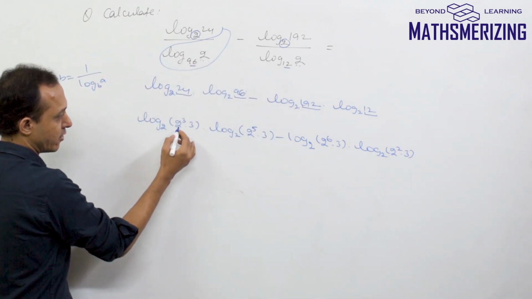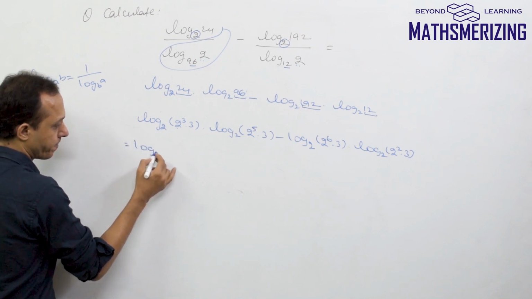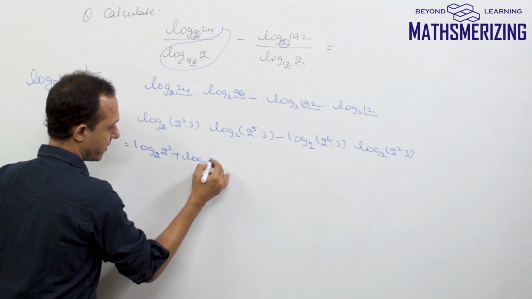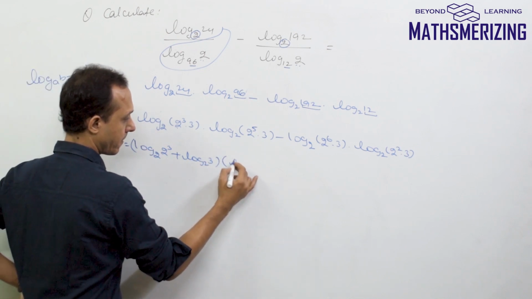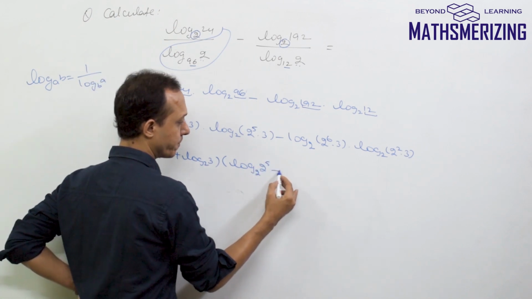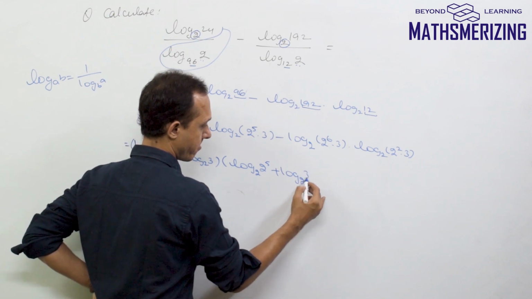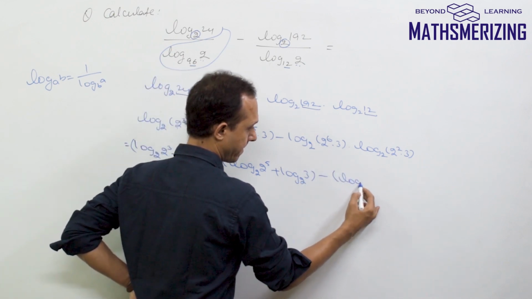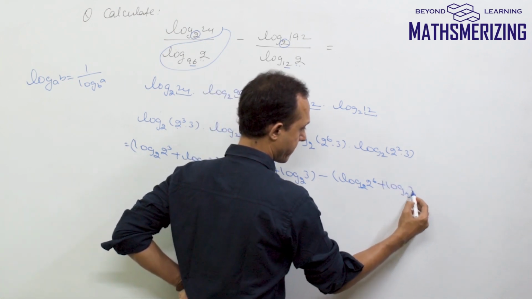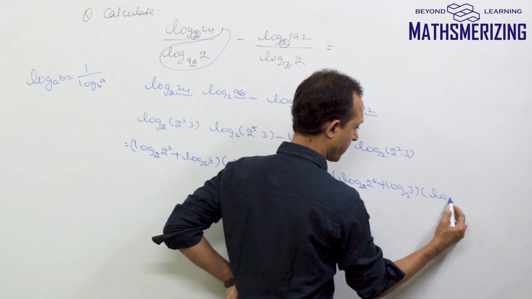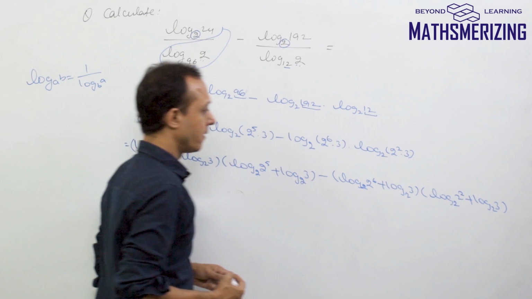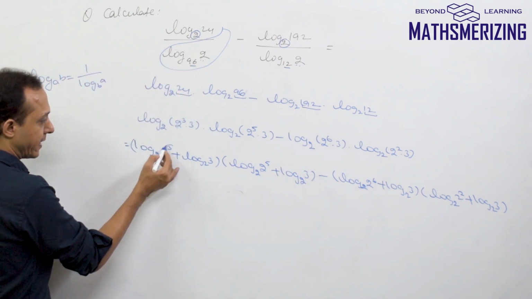Now each of these expressions is log m into n, so I can write it as log 2 cube plus log 3, log 2 to the power 5 base 2 plus log 3, log 2 to the power 6 plus base 3, and log 2 square plus log 3 base 2.